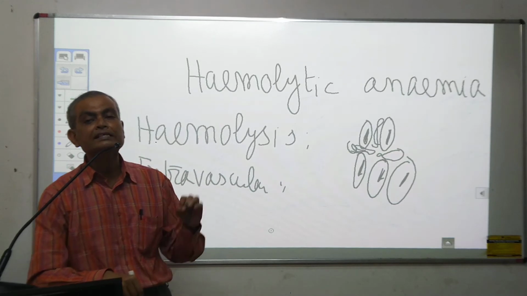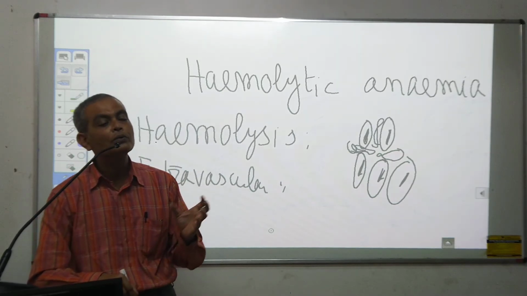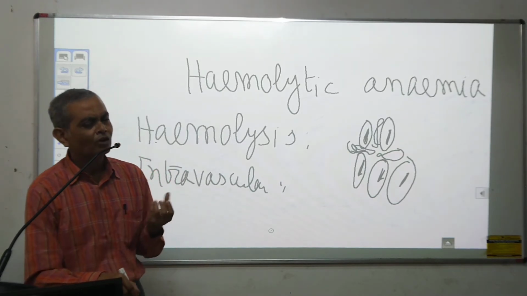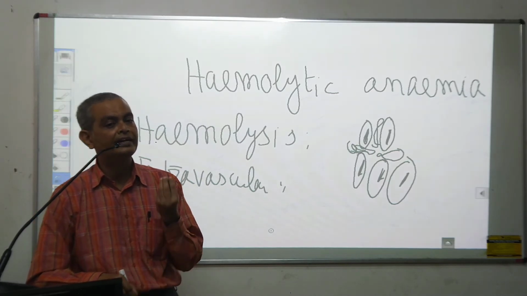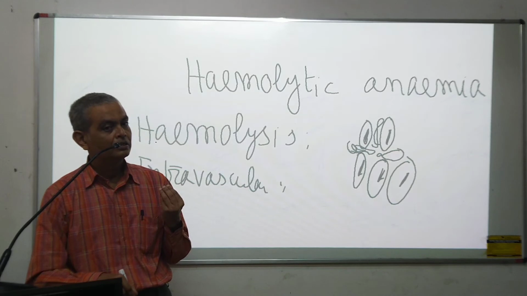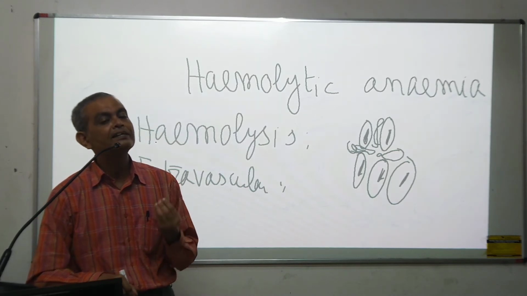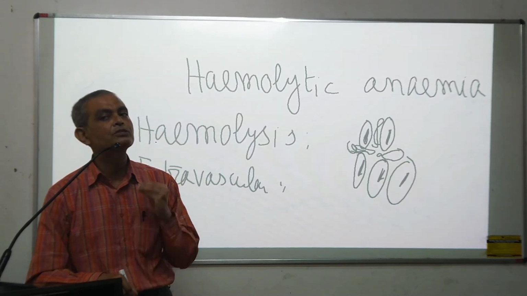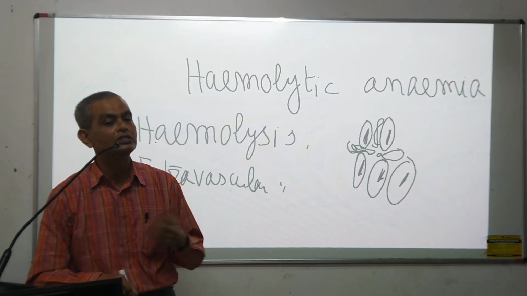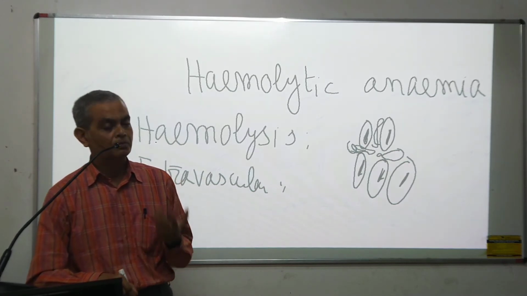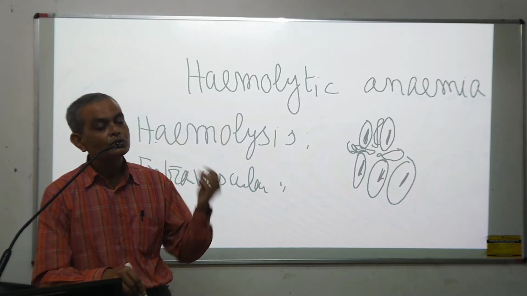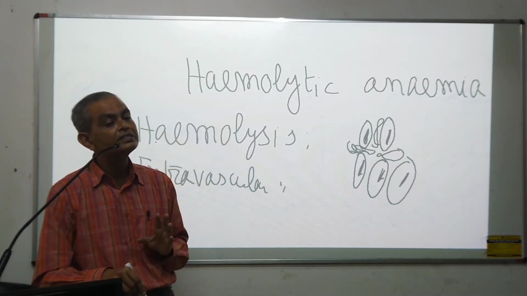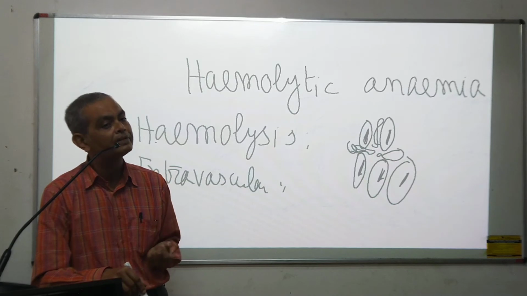Now, hemolysis can also occur inside the blood vessels. Normally, a very small amount of RBC is destroyed during circulation. So whenever there is significant intravascular hemolysis, that is pathological. When will it occur? Suppose an antibody develops against the RBC. That antibody will destroy the RBC in the presence of complement and inflammatory cells.